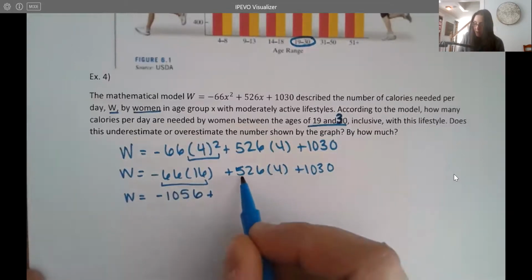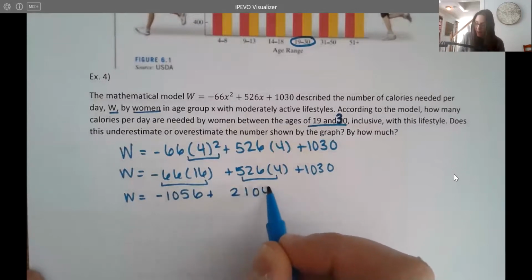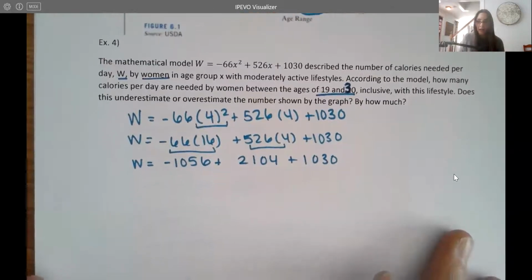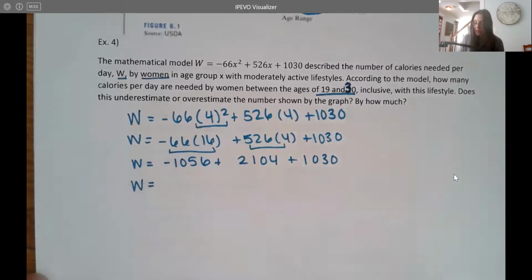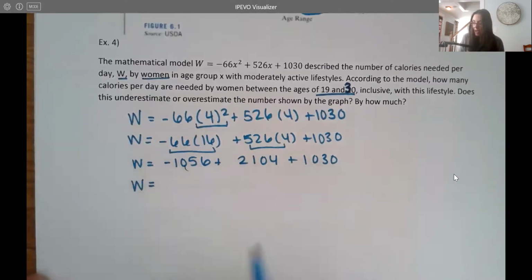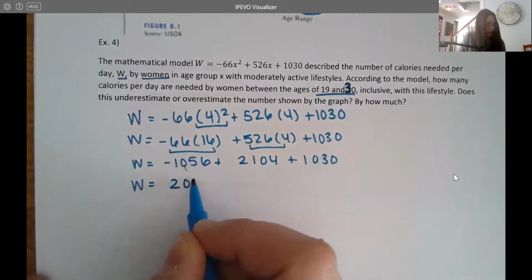So I have the work already done off to the side. I get 2,104 and then plus that 1,030. So just using your calculator there to get those values. And then finally, I'm going to add and subtract left to right. So I'm going to do these values first and then add the 1030. When I do everything together, I'm going to get 2,078.